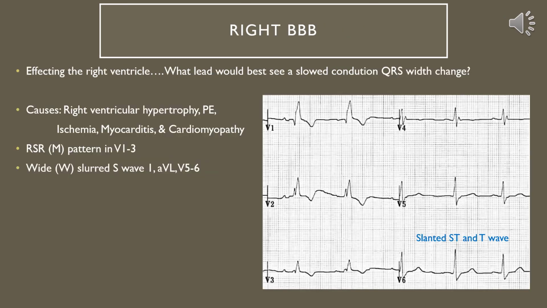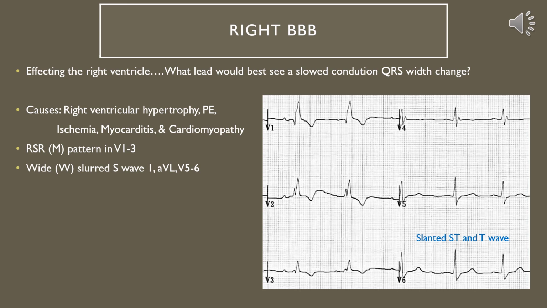Okay, the right bundle branch. This nerve fiber is a little bit more fragile than the left bundle branch. The left bundle branch is a little bit thicker and stockier to really transmit that electrical impulse to both branches quicker. The right bundle branch is just a little bit smaller in size, and what we see with a right bundle branch block is that the left ventricle will depolarize normally.